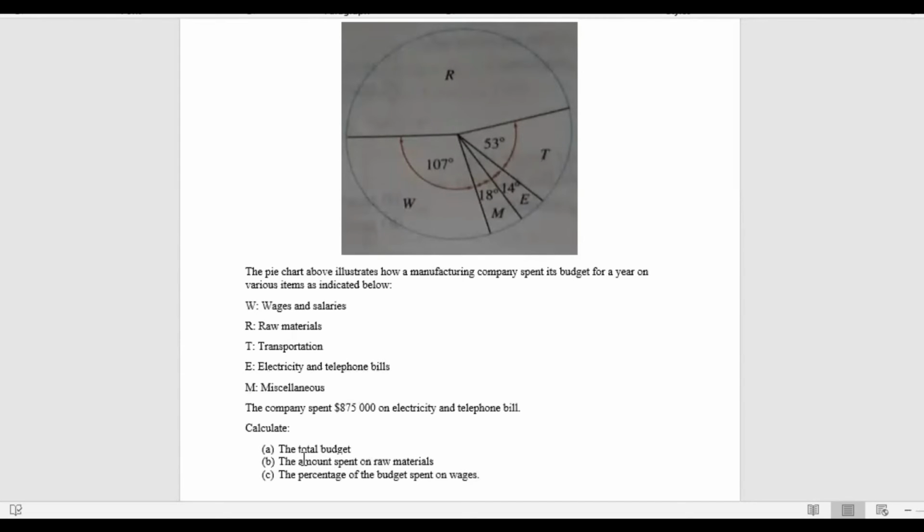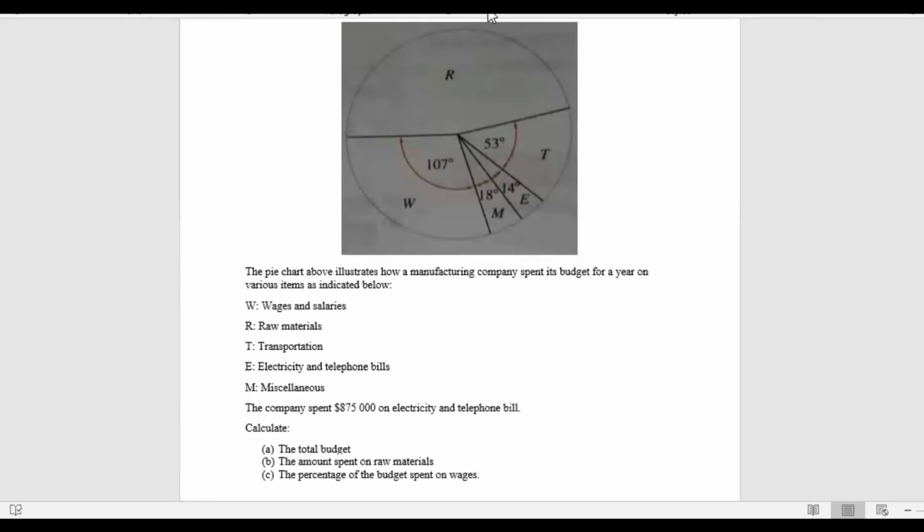Well, electricity and telephone bills is a certain amount, 875,000. So that means 14 degrees is the amount. Yeah, that's all I got. Let me say I divide 360 degrees by 14 degrees and you times it by the 875.